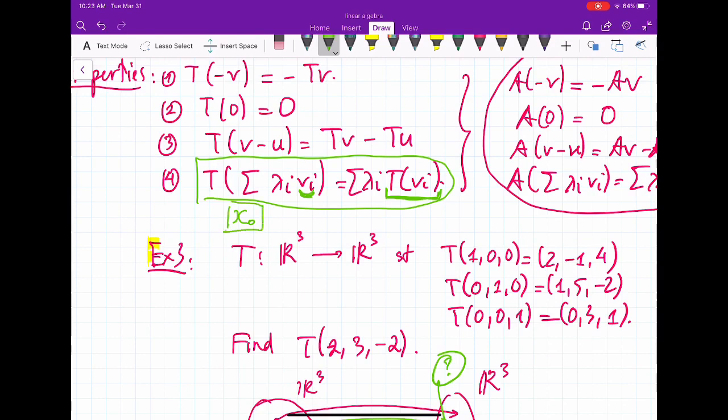You express x0 as a linear combination of vi, right? That means you can find lambda i. Once you have lambda i right here, you have T vi right here. You can consider the linear combination of those images, and then you can find the image of x0. Make sense?